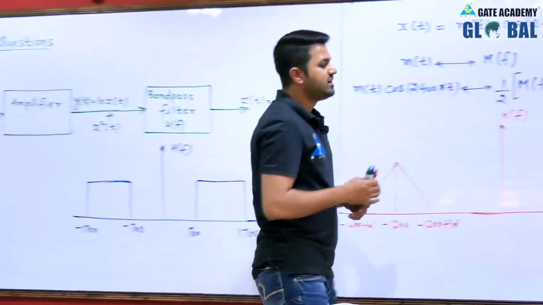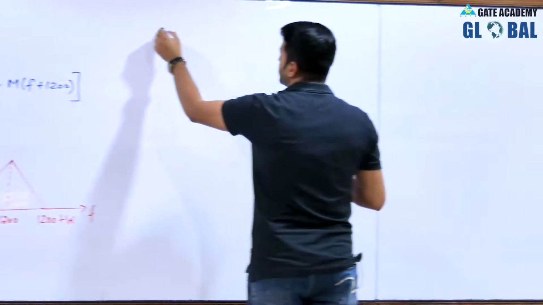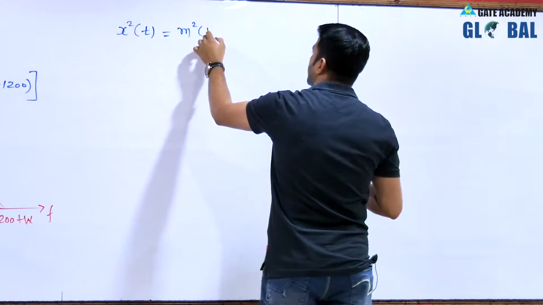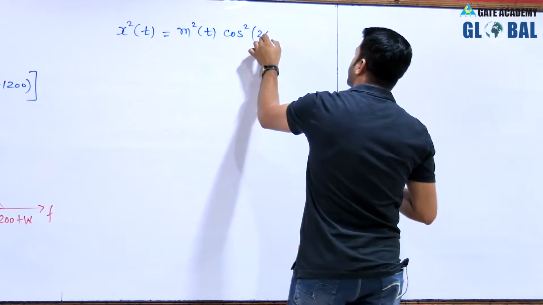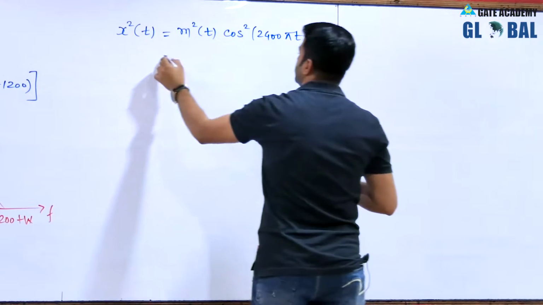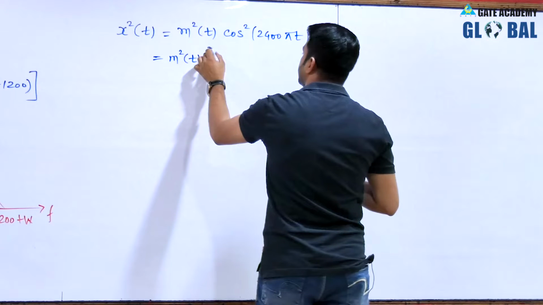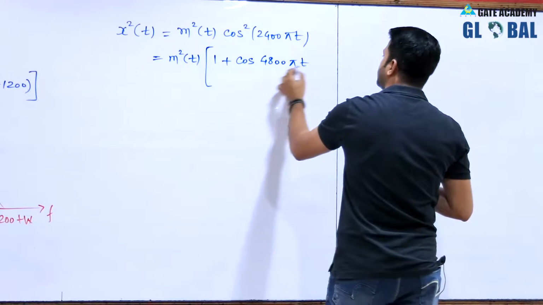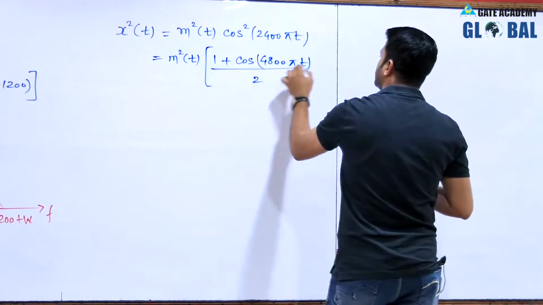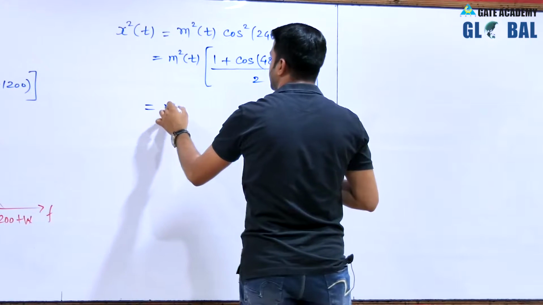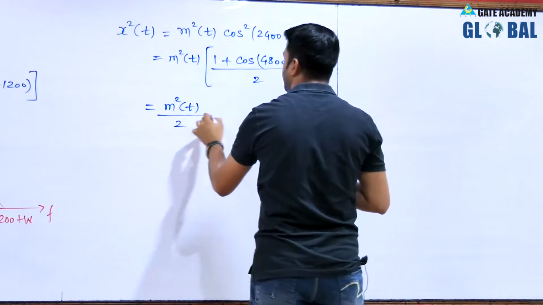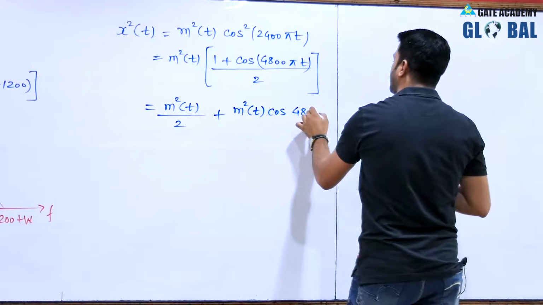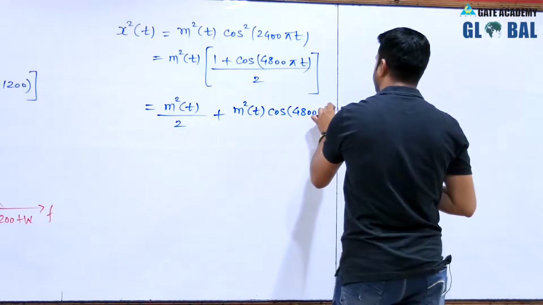So what will be the value of x square t and its Fourier transform? x square t will be m square t cos square 2400 pi t, and we can also write this as m square t times (1 plus cos 4800 pi t) divided by 2, that is m square t by 2 plus m square t cos 4800 pi t by 2.